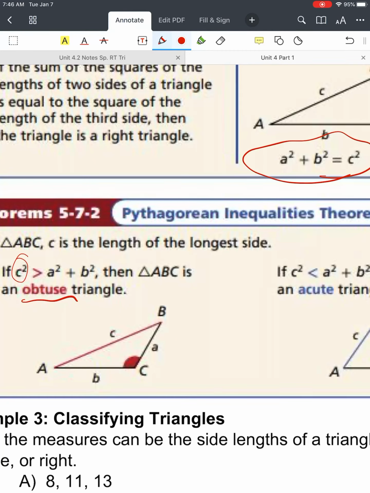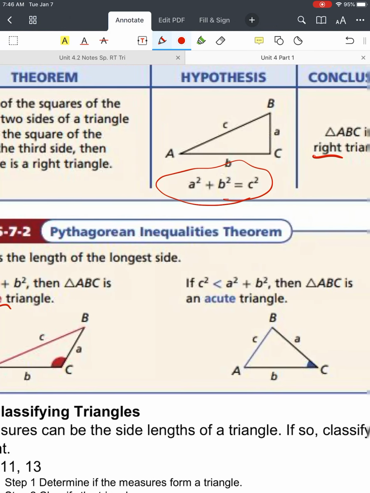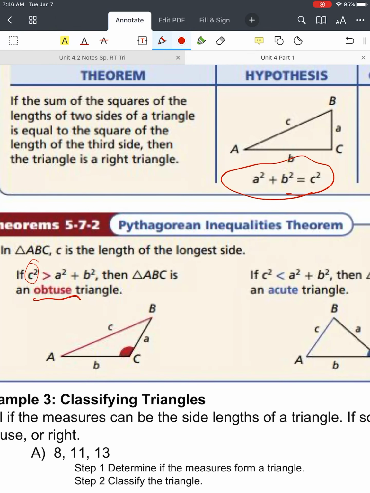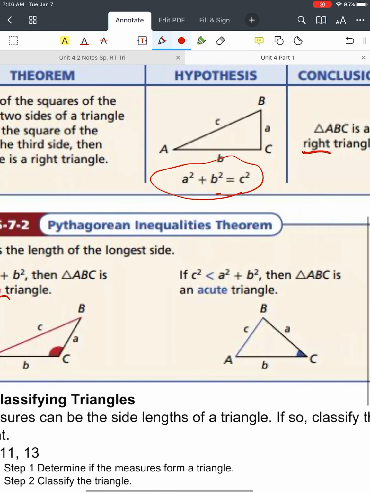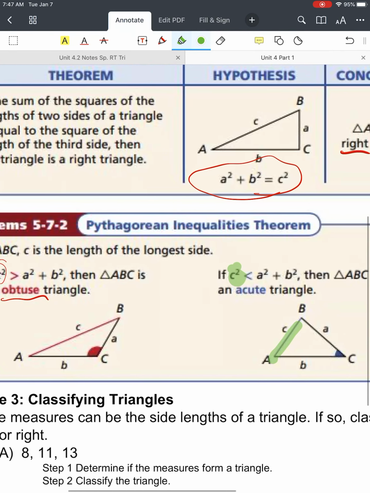And the opposite, if c is smaller, if c squared is less than a squared plus b squared, then we have an acute triangle. The way that we decide which side is c is by which is the biggest number.